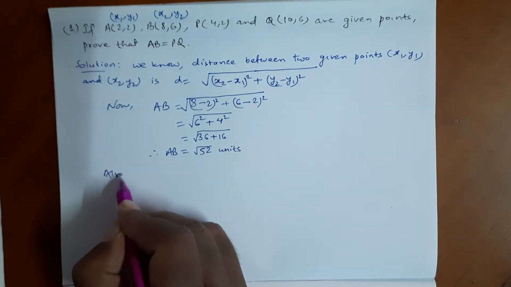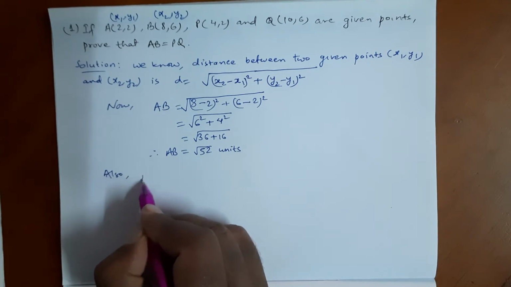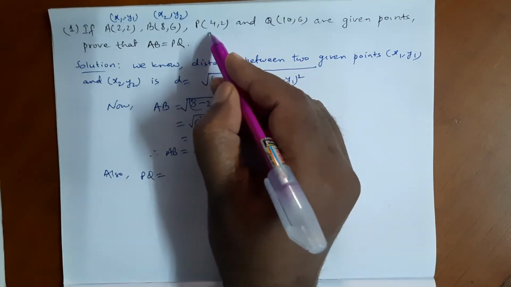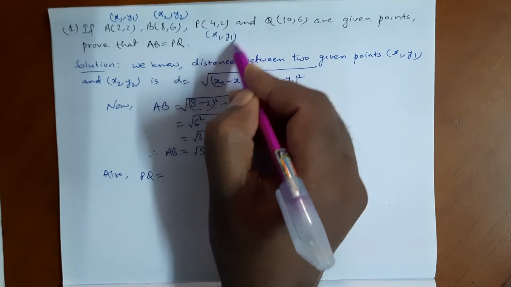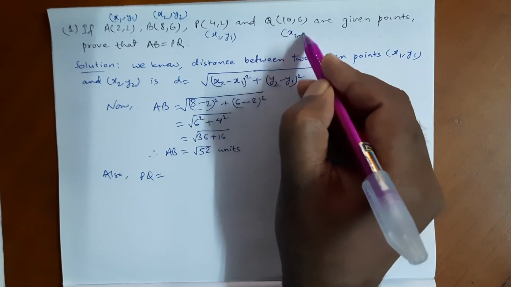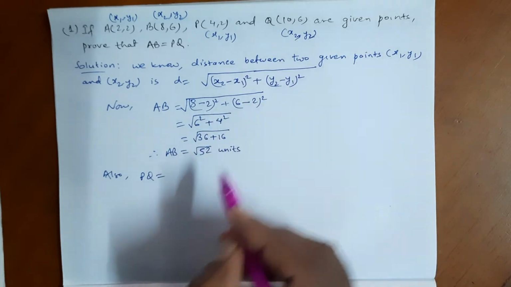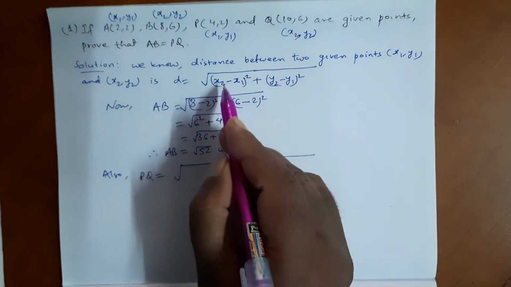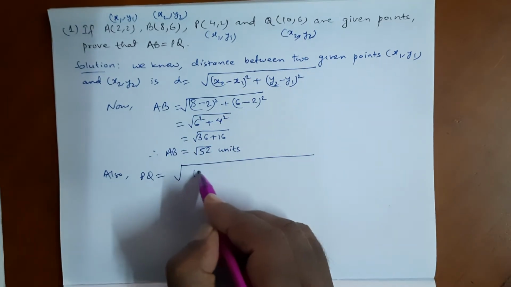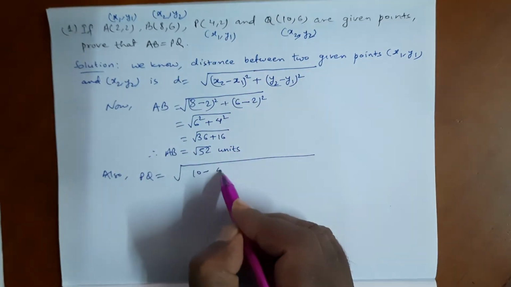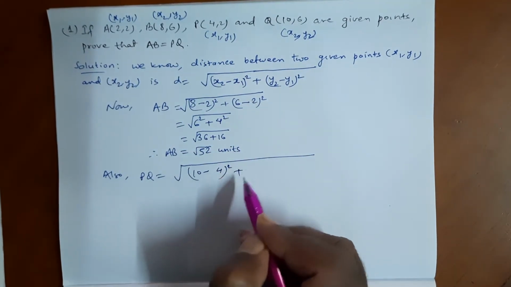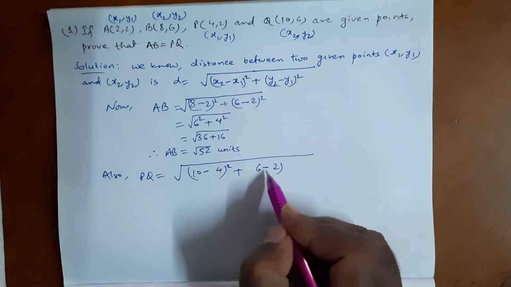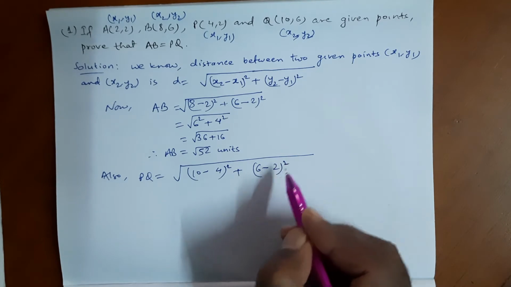Also, PQ equals, so while finding PQ, we can suppose this to be (x1, y1) and this to be (x2, y2). Using the same formula, here x2 is 10 minus x1 is 4, square, plus y2 is 6 minus y1 is 2, square.